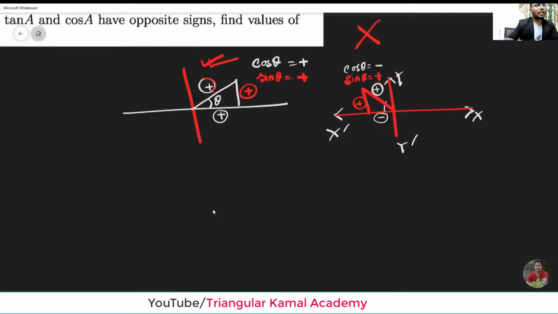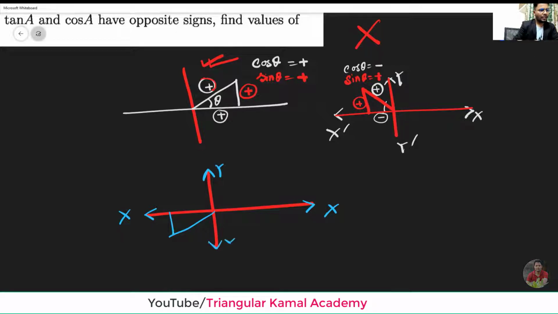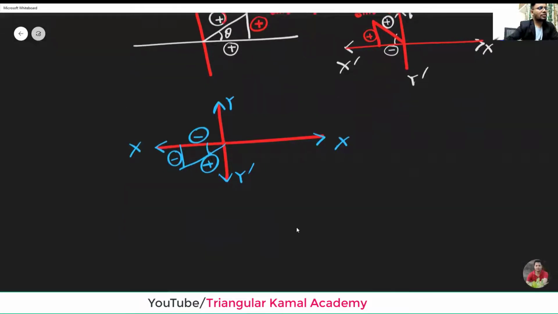Now let's review the third quadrant. If you draw the figure here in the third quadrant, draw a right angle triangle, and here negative side of x-axis, positive side of x, positive y, and negative y. Here this is the angle, negative side, this is minus, down side minus, hypotenuse is always positive. So now in the third quadrant, we see here cos theta is equal to adjacent by hypotenuse.